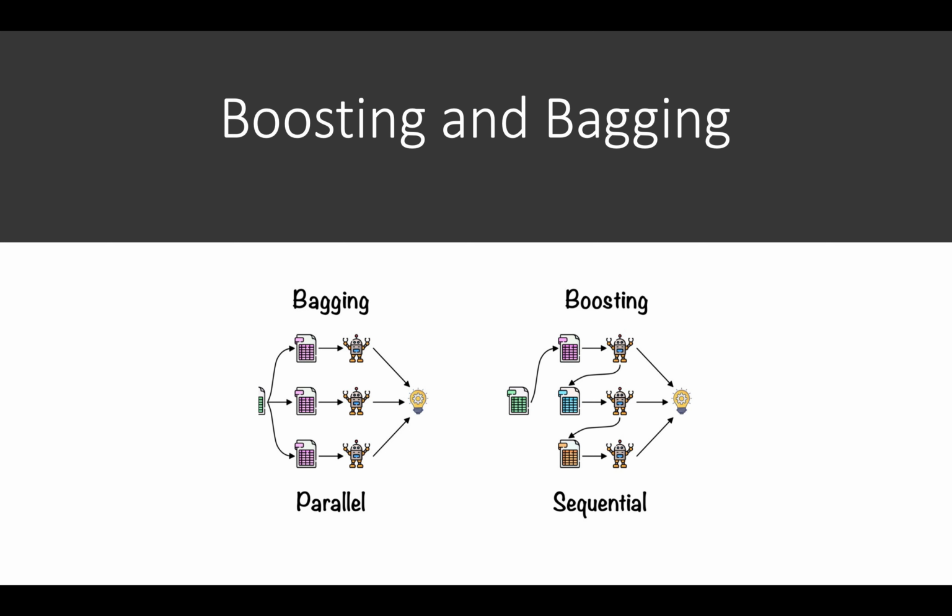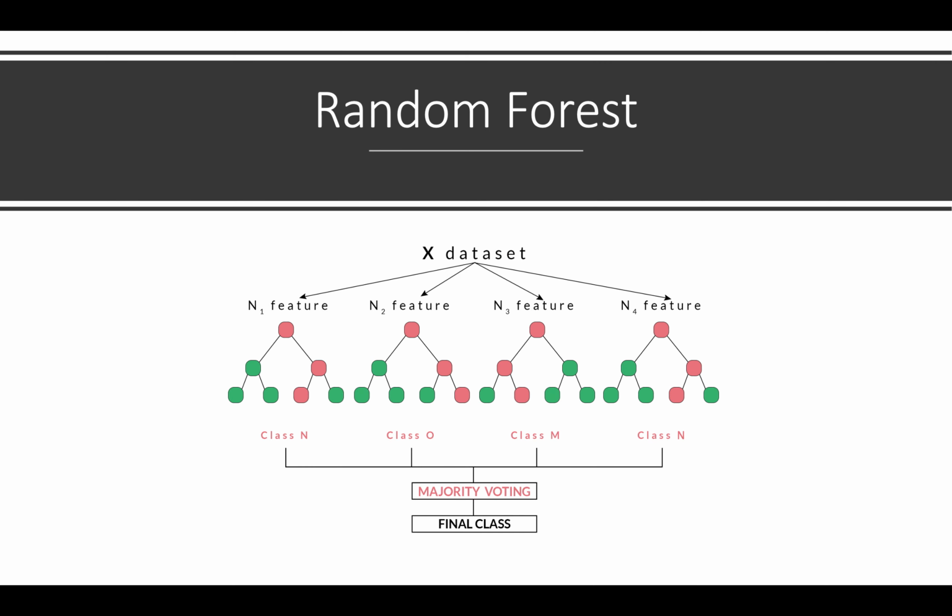A widely used and very effective machine learning algorithm based on the idea of bagging is random forest. A random forest uses a modified tree learning algorithm that inspects at each split in the learning process a random subset of the features.